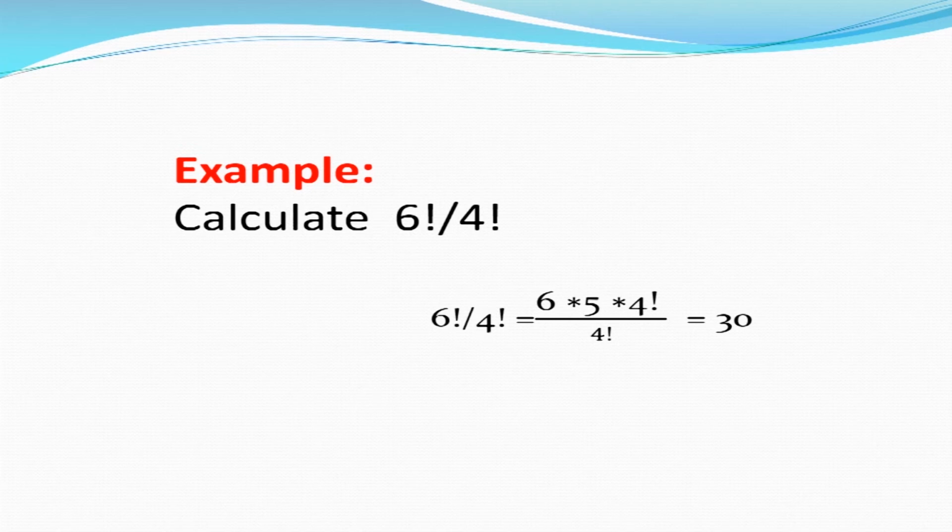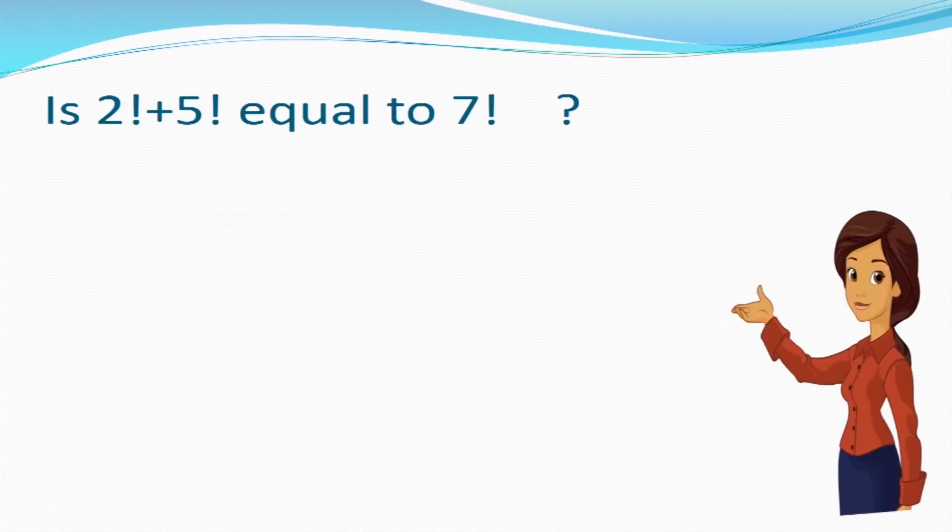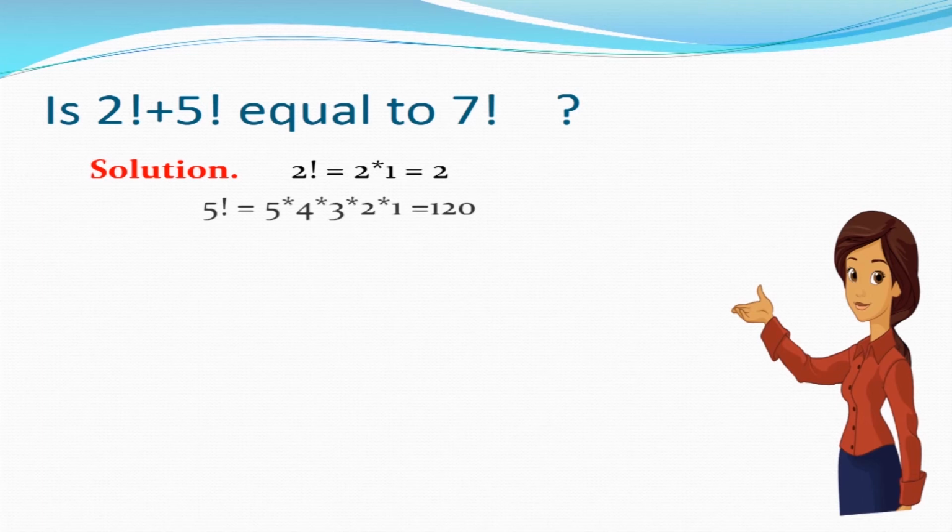Let's solve one more question. Is 2 factorial plus 5 factorial equal to 7 factorial? Here, 2 factorial is equal to 2 into 1, which is equal to 2. 5 factorial is equal to 5 into 4 into 3 into 2 into 1, which is equal to 120. 7 factorial is equal to 7 into 6 into 5 into 4 into 3 into 2 into 1, which gives us 5040.